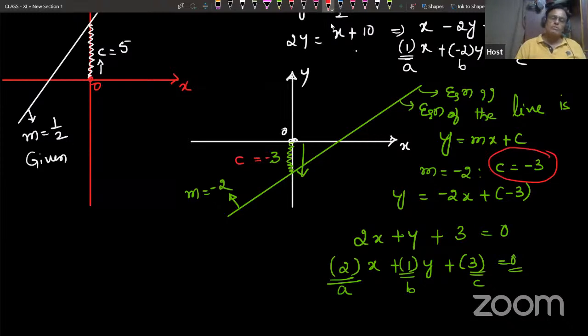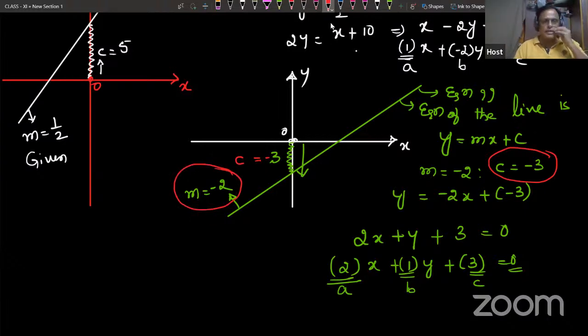So this is the formula. So far, we have studied 2 main formulas. Number 1, point-slope form, and next is slope-intercept form. Here also, there is no rule that the slope should be provided directly.